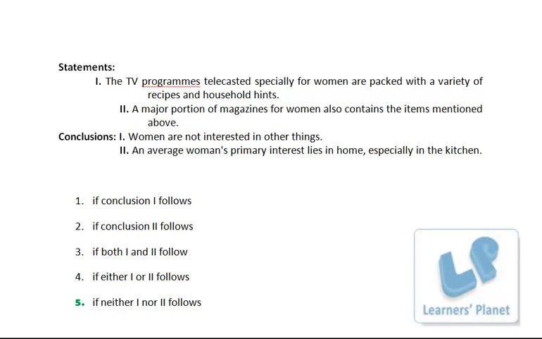See, if women are not interested in other things, why would things like this, a variety of recipes and household hints, be telecasted, right? So this conclusion cannot be drawn from the given statements. If these sort of things are telecasted, that means it is found that women are interested in these things. So that's an irrelevant conclusion, cannot be drawn from these statements.